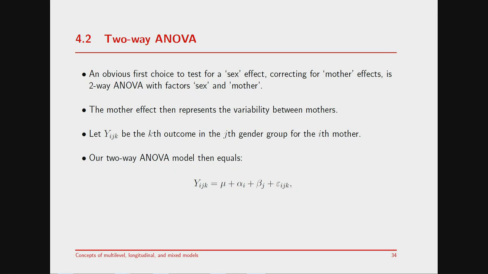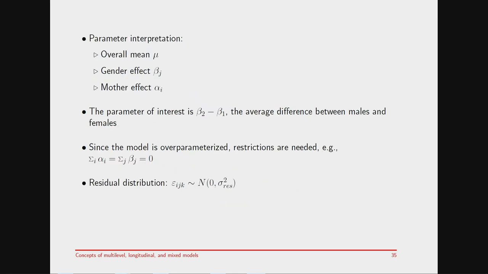So you need to build in additional restrictions. And of course, there's an infinite number of restrictions you can use, but what we will use is that the alpha i sum to 0 and that the beta j sum to 0. And because of that choice, this mu becomes the average, right?